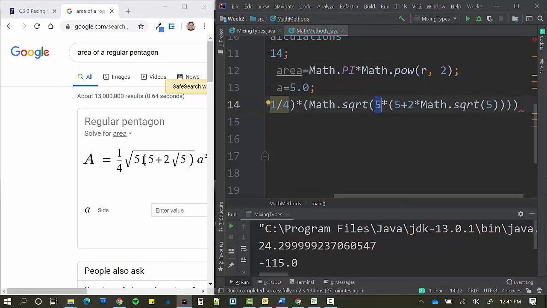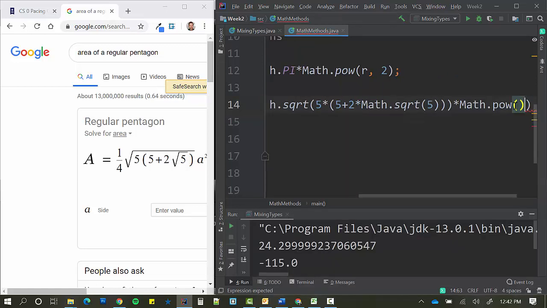Math.sqrt 5, that's that 5, times 5 plus 2, that's 5 plus 2, times the square root of 5. And then this whole thing here, I think that's it. Yeah, that's got to be times a squared.